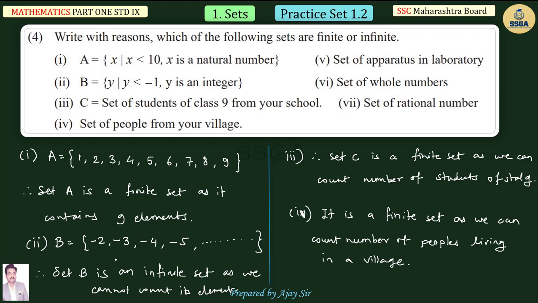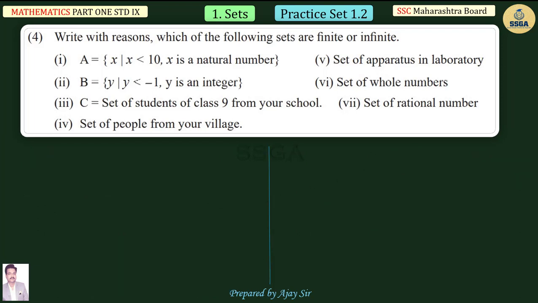Now let us discuss the fifth one, the set of apparatus in the laboratory. We can count the number of apparatus in a particular laboratory. Suppose in your laboratory there are 200 apparatus. In any laboratory, suppose there are 500 apparatus, we can count.